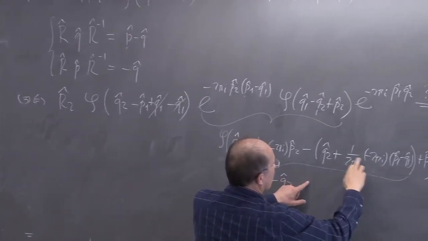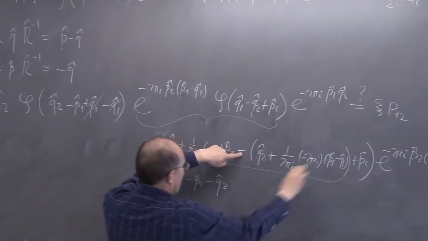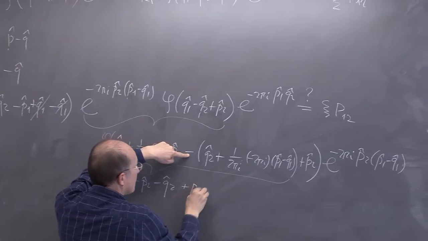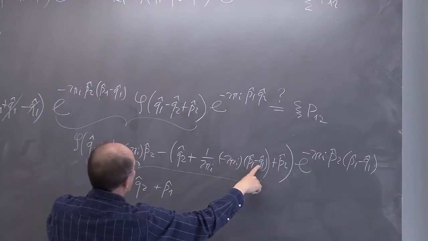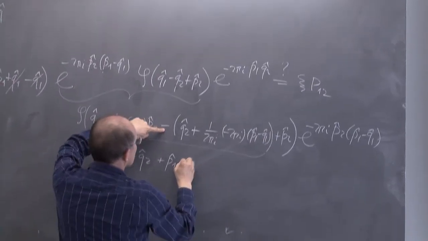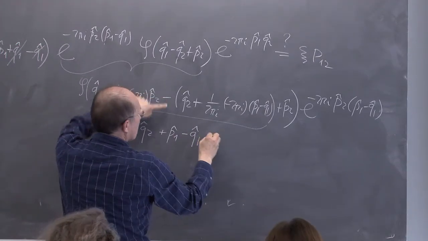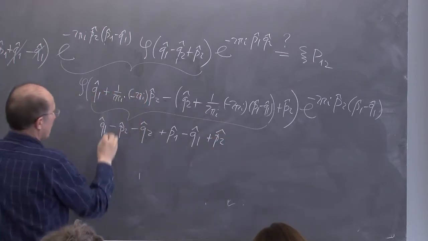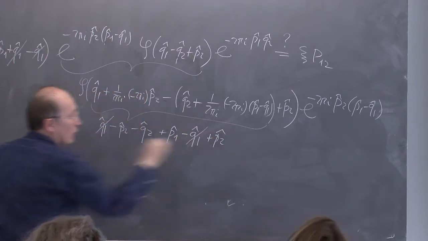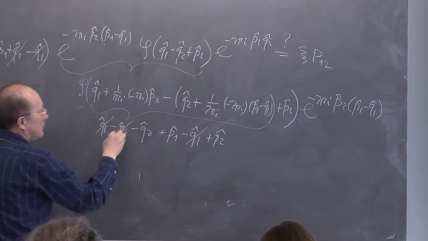And here we have minus P1, one more minus, plus P1, and the minus plus Q1, so minus Q1 plus P2. So we simplify Q1 and P2.